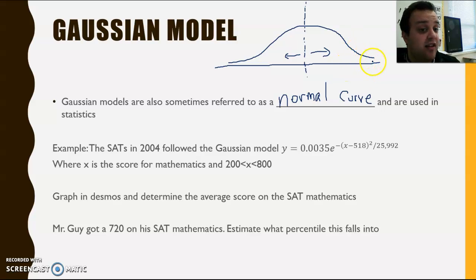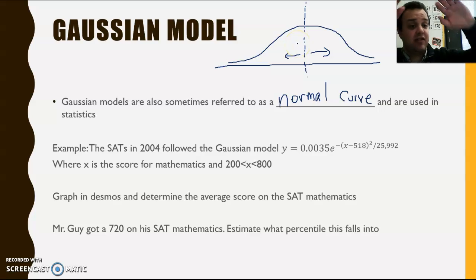It's going to be less and less people as you get further away from that average. Same thing on the other side: less people are going to score a 400 or 300 or 250 or really, really low scores. Most people are expected to be around the average.